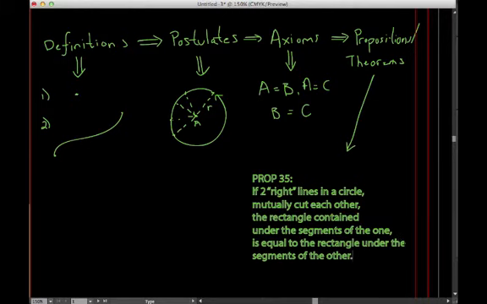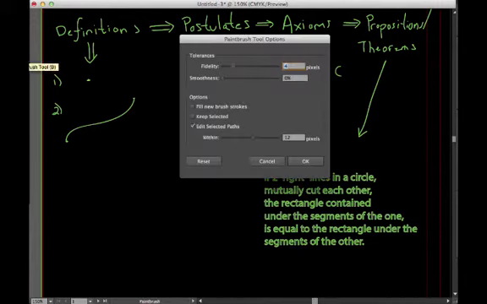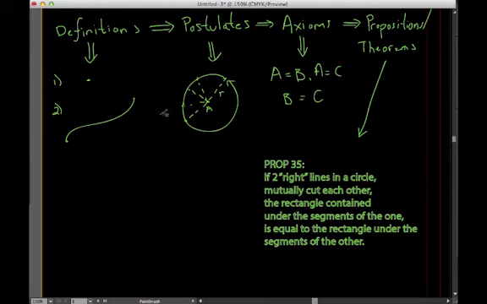All right, so let's read this again. Proposition 35 says that if two right lines, or straight lines, in a circle mutually cut each other, so they both intersect, the rectangle contained under the segments of the one is equal to the rectangle under the segments of the other. All right, so let's draw this out, because this could be interesting to look at.